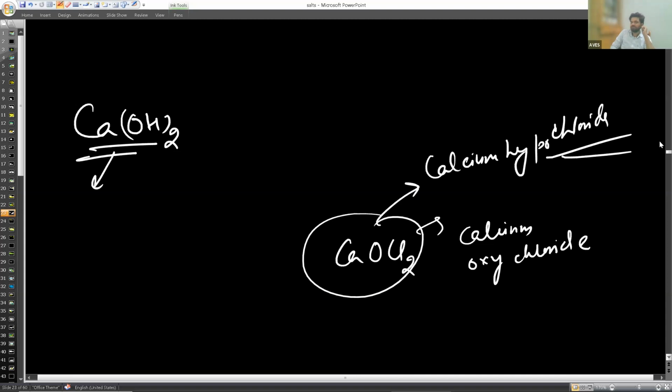Second question is how it is prepared. You know that this is calcium hydroxide, which is called slaked lime. And how is slaked lime prepared? Can anybody tell me how slaked lime is prepared?